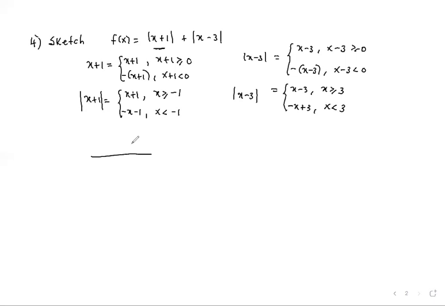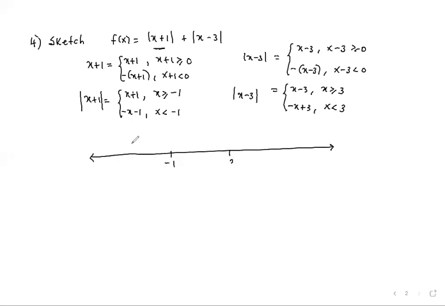That's what the inequality formation is, right? Then you also say x minus 3 is equal to x minus 3 if x minus 3 is greater than or equal to 0, and minus x plus 3 if x minus 3 is less than 0.